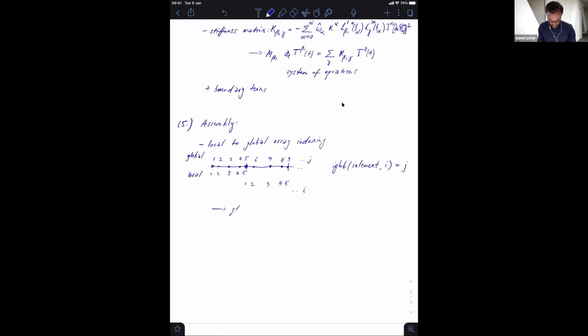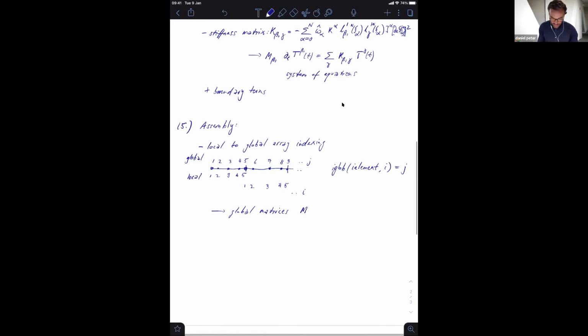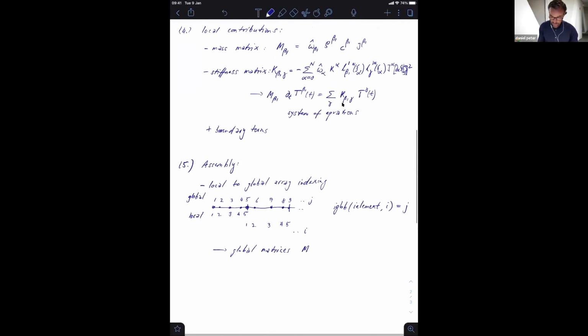So again, this will lead to the global matrices. And the mass matrix you see from above, the local contributions, they don't depend on time. So you can assemble a mass matrix, for example, ahead of the time loop. You only need to do it once.